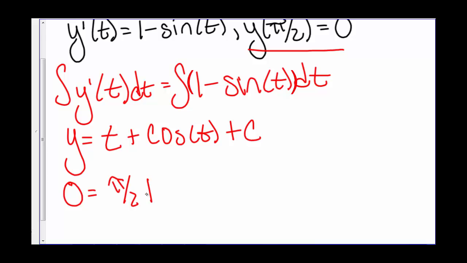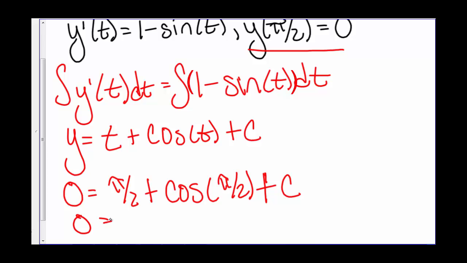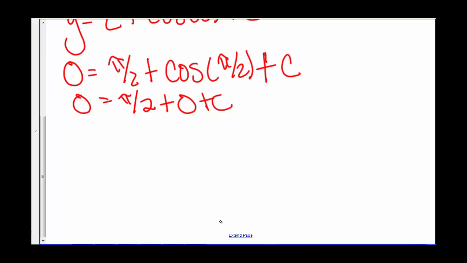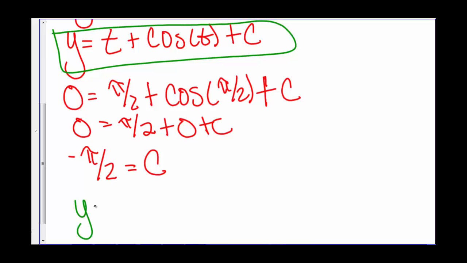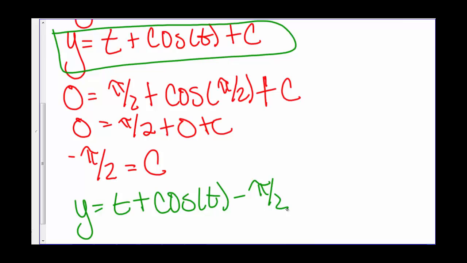So 0 = π/2 + cos(π/2) + C. So that means that 0 = π/2 + 0 + C. So -π/2 = C. Plugging that into our general solution, we have y = t + cos(t) - π/2. And we could check the solution by taking the derivative.